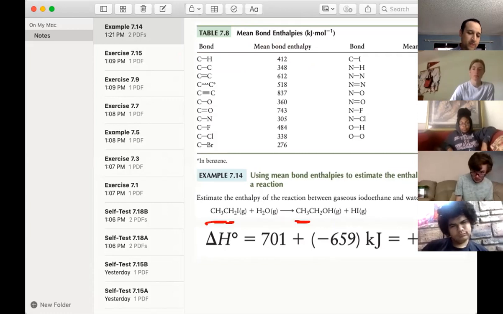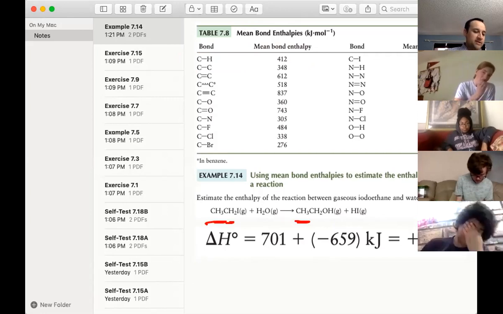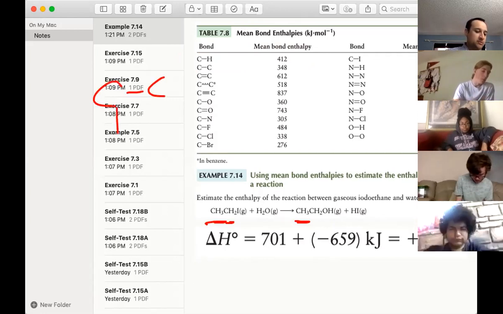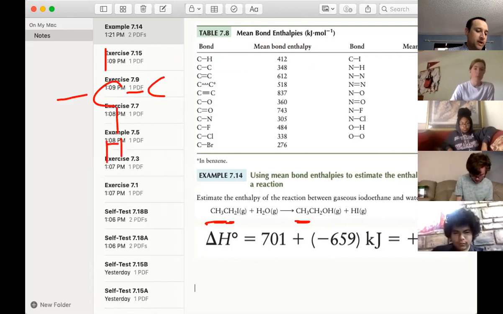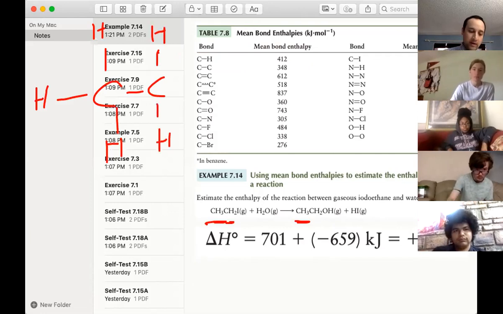So it's probably easiest to just draw this thing out. You've got C, C, H, H, H, H, H, and this is bonded to an iodine.